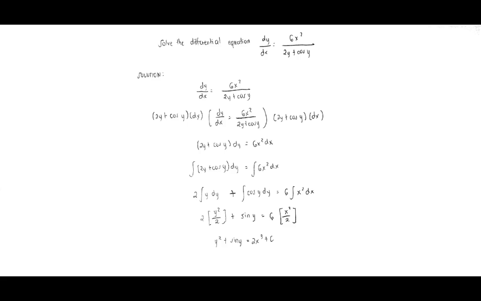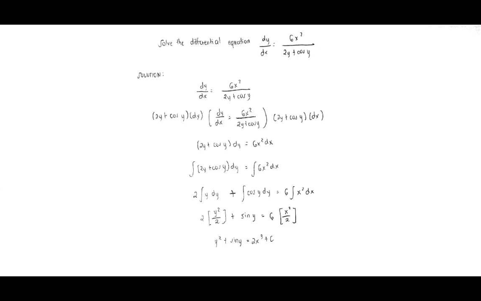So we have 2 times the integral of y dy plus the integral of cosine y dy equals 6 times the integral of x squared dx, since 6 is also a constant. Integrating, we have 2 times y squared over 2 plus sine y equals 6 times x cubed over 3.